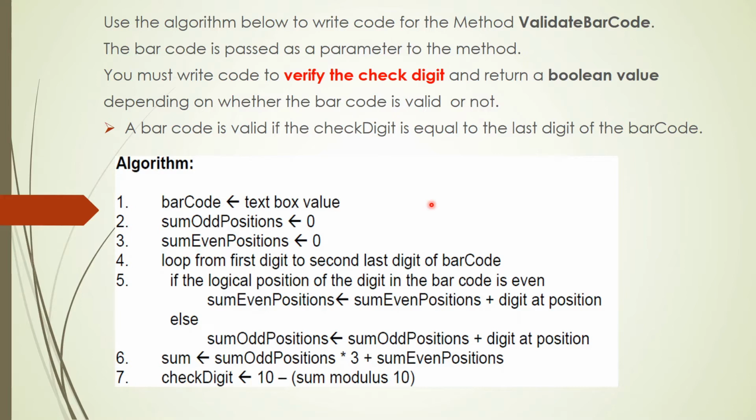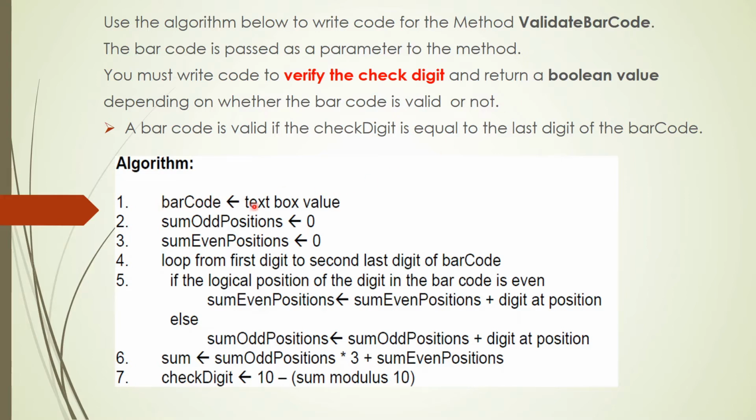So let's look at the algorithm, and you are going to use the algorithm in the process of your function. You're going to be writing a function, and we all know it is a function because the word return tells you that it is a function. It is returning a Boolean value. The function is bringing in a barcode, and the barcode is 12 digits.